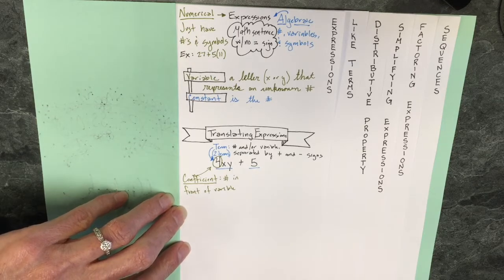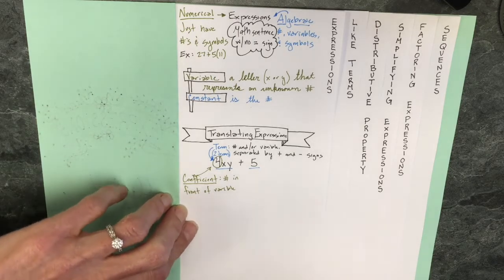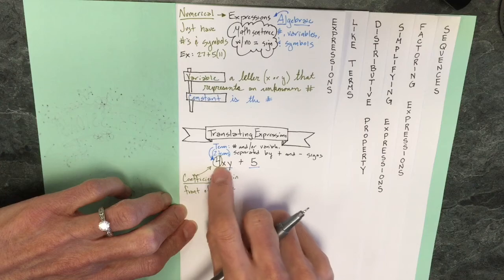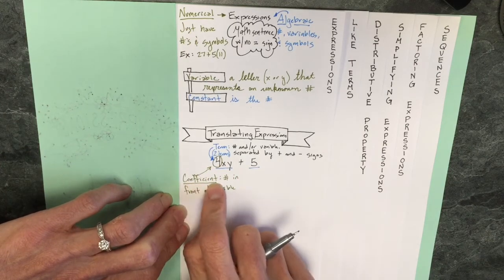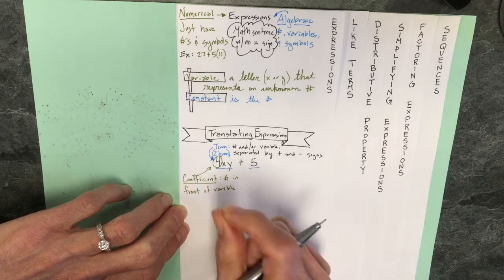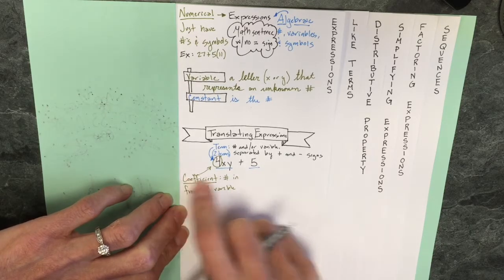And you're all going to forget that, but it'll be on your next quiz. So make sure you know that that number that's being multiplied by the variable, or the number in front, is called a coefficient. They're working together like co-workers. Coefficient.